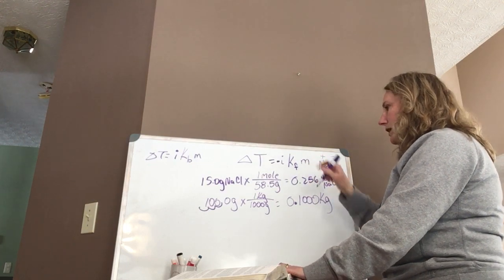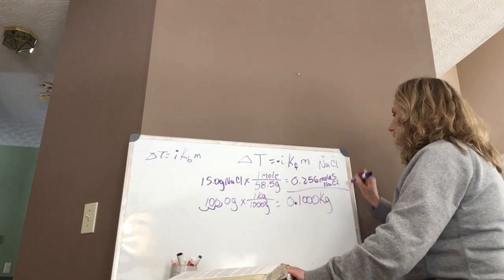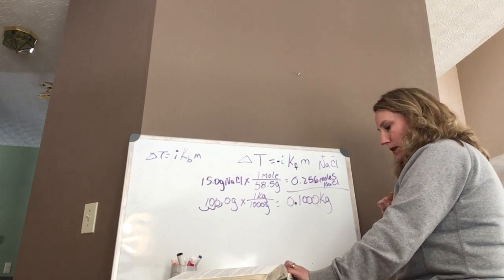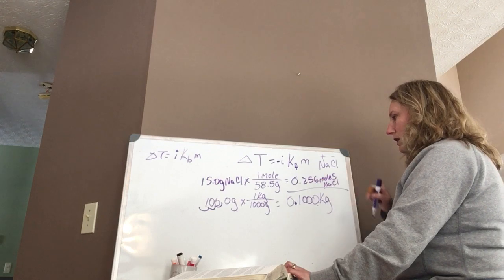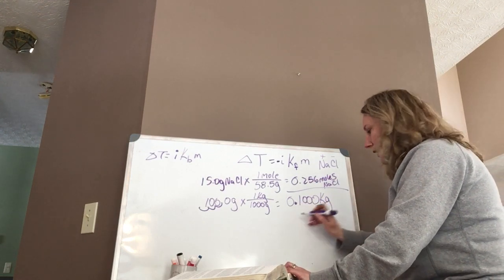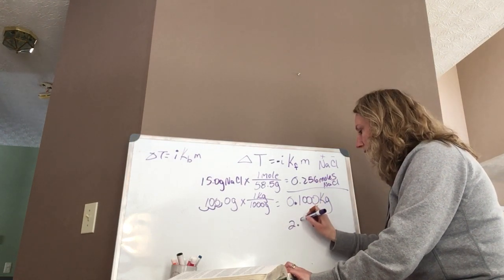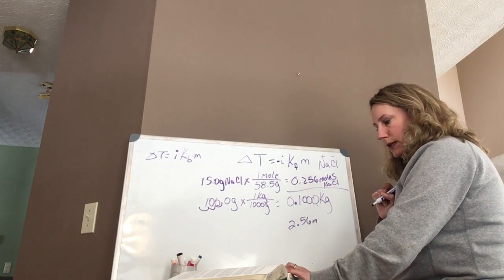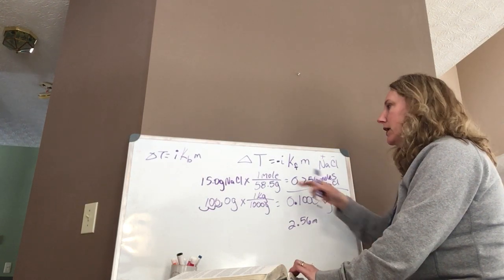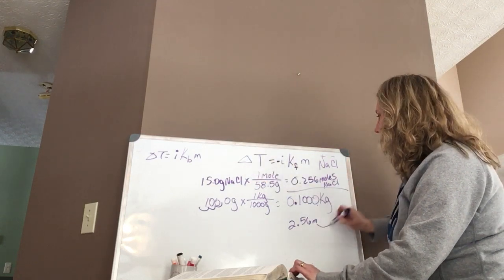So my molality is going to be moles per kilogram. Okay, so if I divide 0.256 over 0.1, I'm going to get 2.56 molal. Okay, so am I done? No, now I have to go back. That's just this part here.